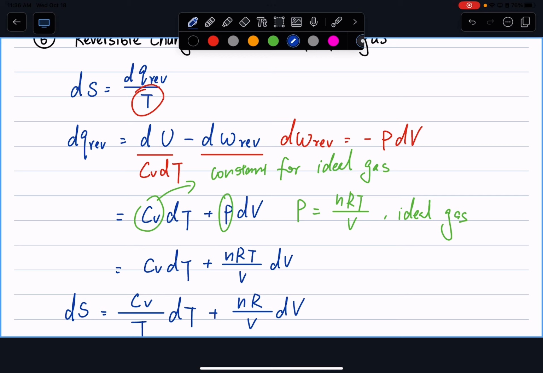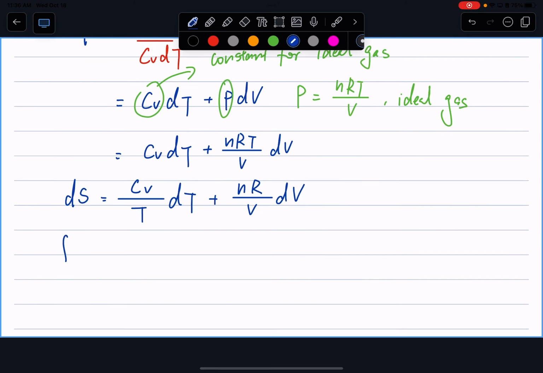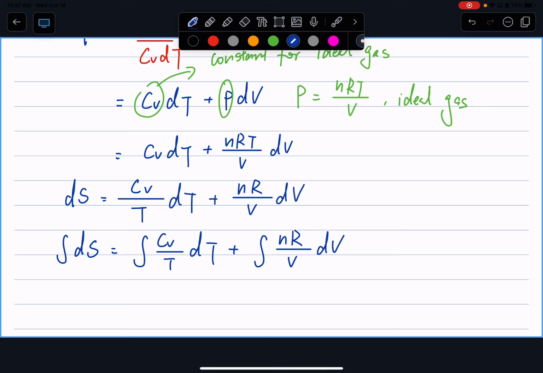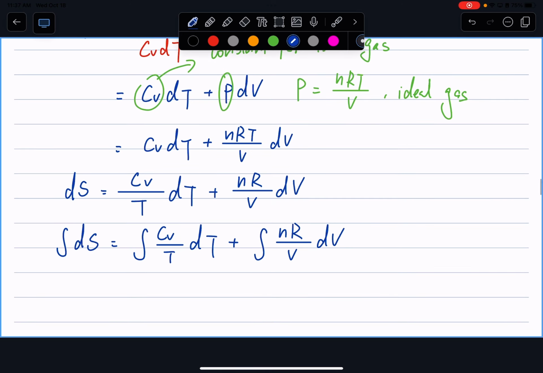And naturally, you could imagine the next step is to take the integral on both sides of this equation. On the left, we have the integral of dS, and on the right, Cv over T dT plus nR over V dV. On the left, the integral of dS gives you delta S. Here Cv is a constant, so we take it out.